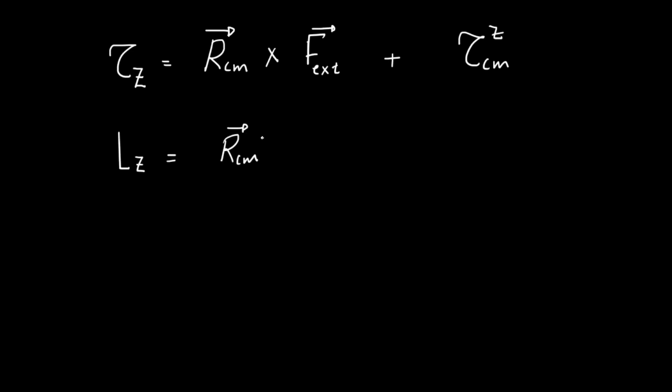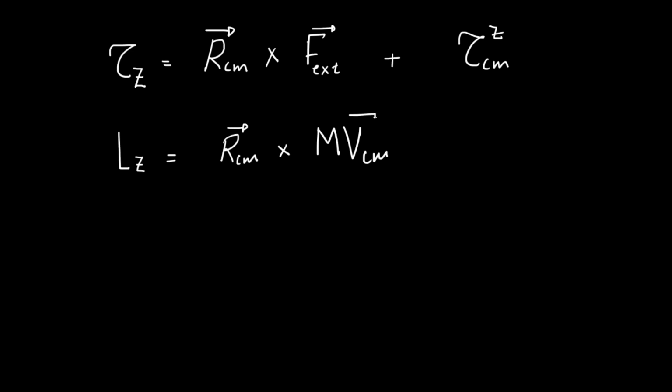RCM is possible because of the fixed coordinate system. I know the origin, plus tau cm, that is the talk about the center of mass at that instant of time and along the z-axis, and Lz is equal to RCM cross MVCM.